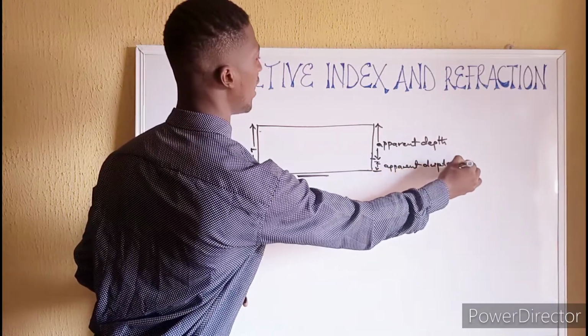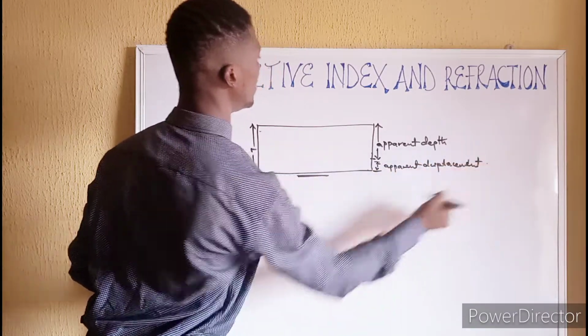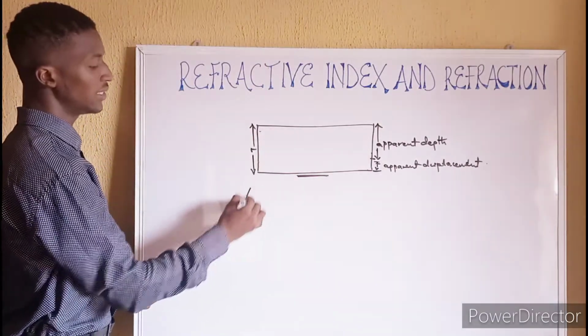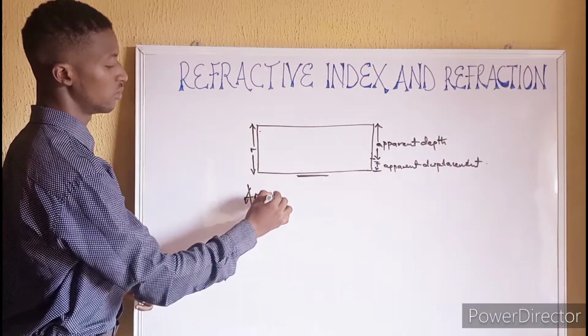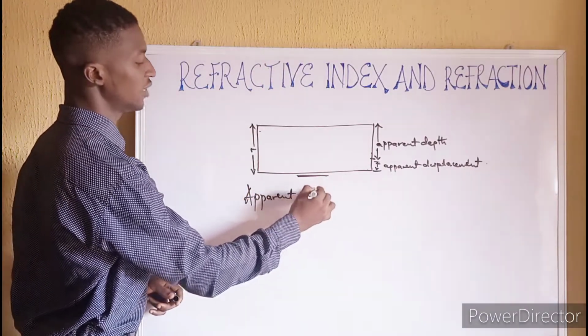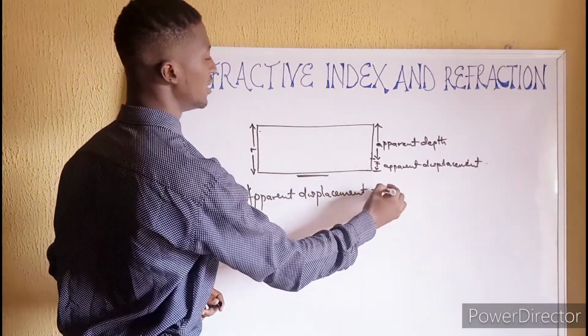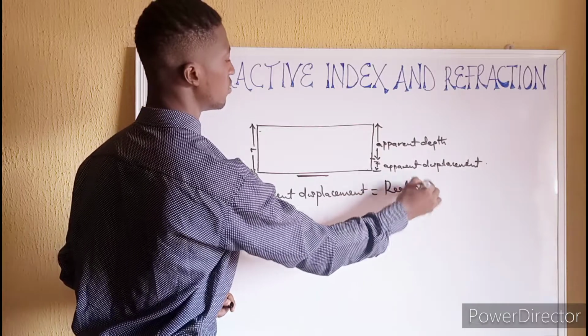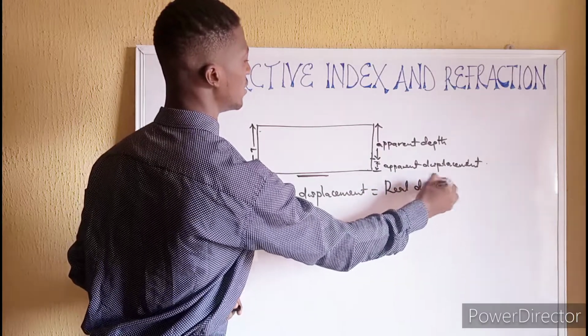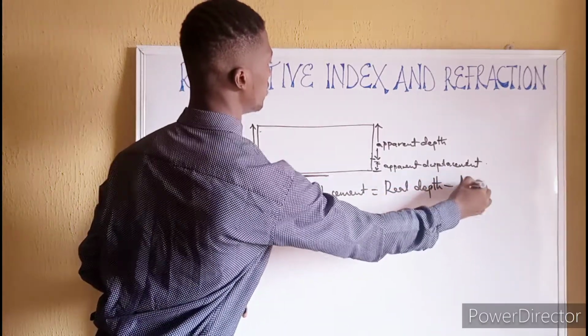So in one word, if you are asked to determine the apparent displacement, your apparent displacement is said to be the difference between the real depth and the apparent depth.